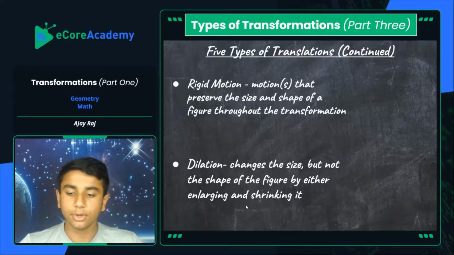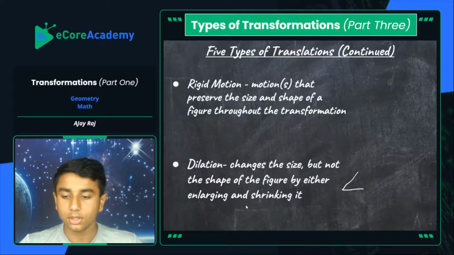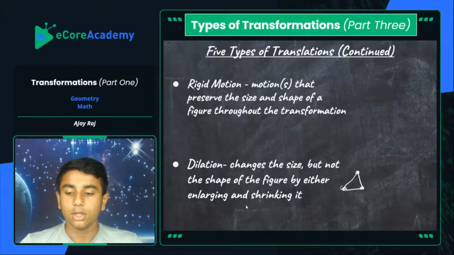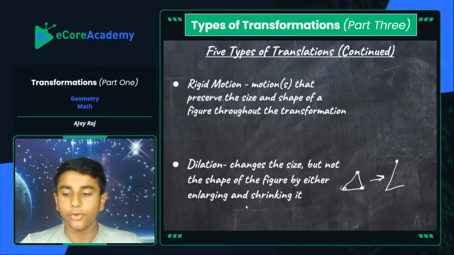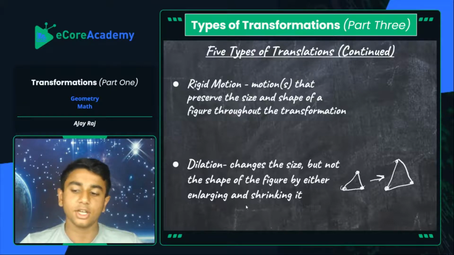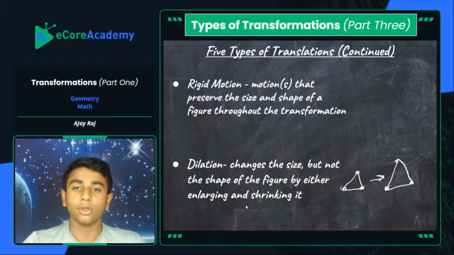So say, for example, we're given a triangle like this, and we have some sort of point of dilation. After we do this transformation, which is represented by the arrow, you're given a larger or a smaller triangle, and that's some sort of dilation. But it keeps the same exact shape, the same triangle with similar corresponding angles.